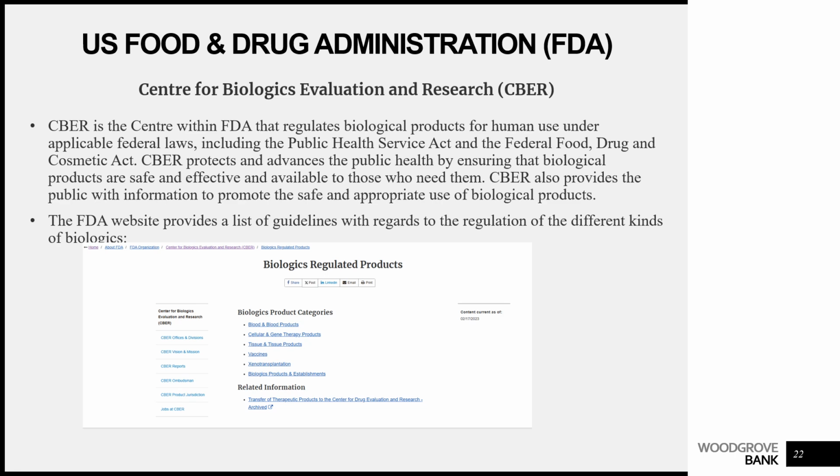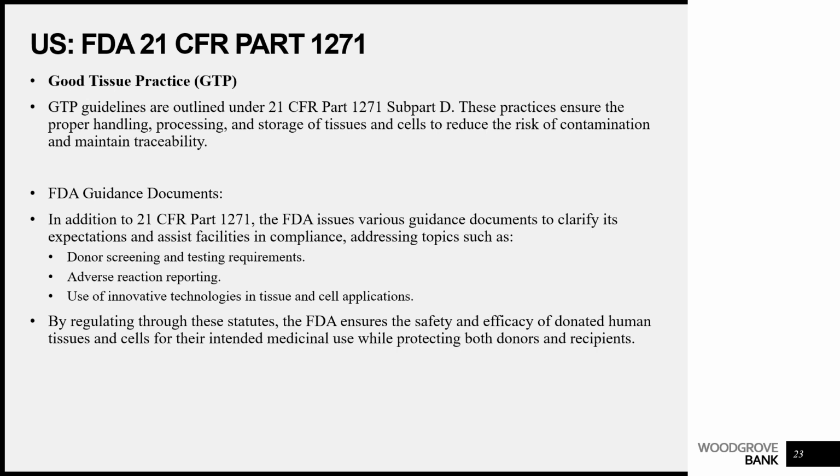So here's some more information on CBER. This relates to their guidance documents, and to what we've already covered before: good tissue practice, the relevant Code of Federal Regulations Part 1271, and what the expectations are relating to donor screening and testing, adverse reactions and reporting, and use of innovative technologies in tissue and cell applications.